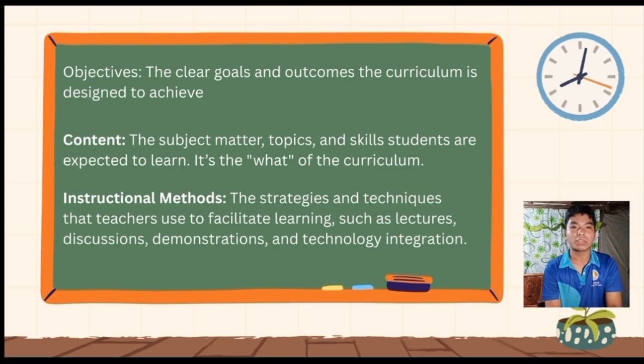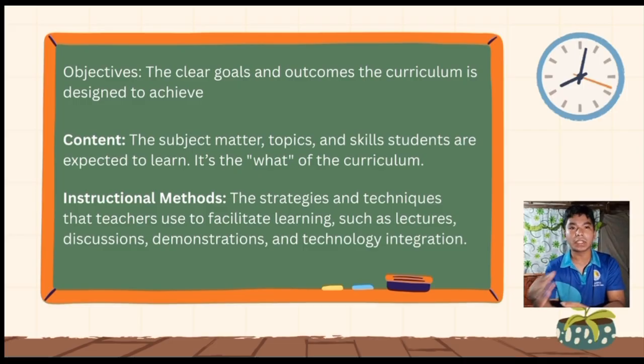Next component, the content. The subject matter or the topics and skills students are expected to learn. It is the what of the curriculum. It is the subject matter, knowledge, or skills to be learned by the learners.